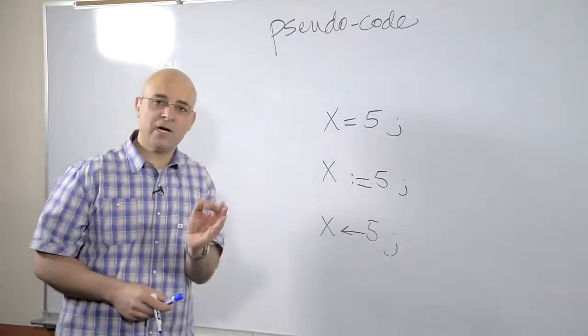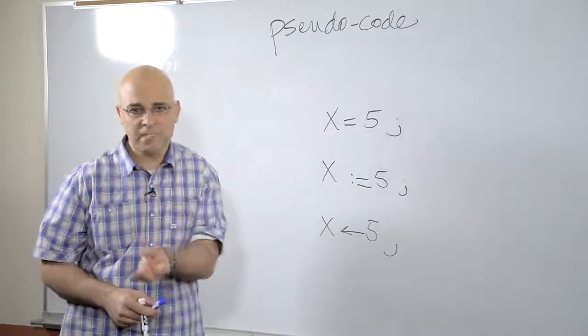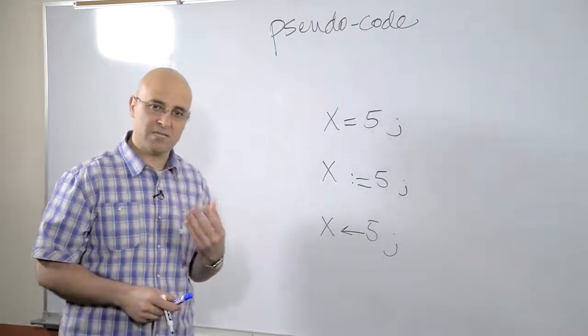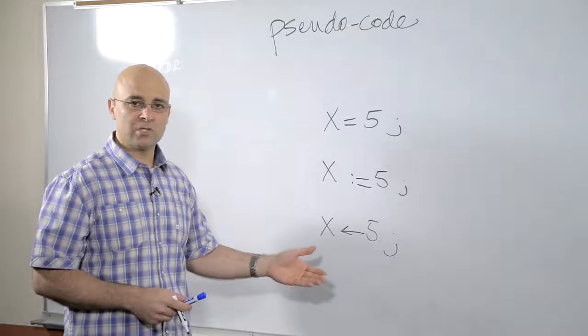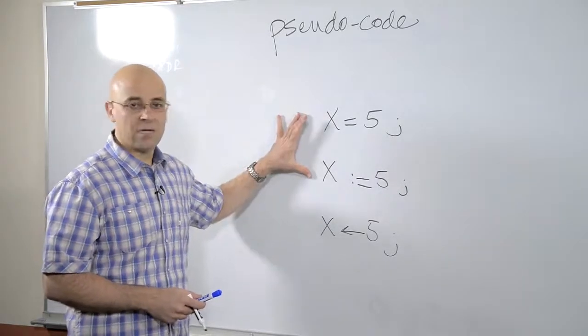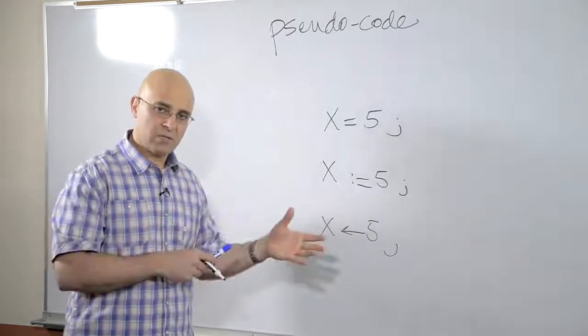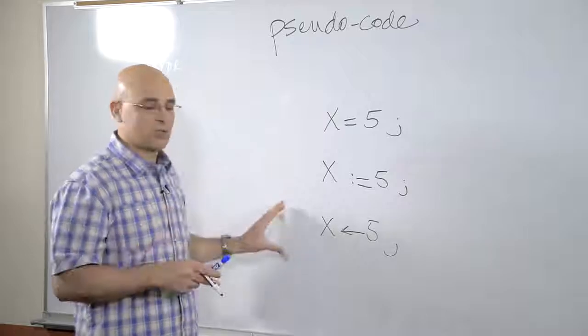Of course, if you're using Python, you have to use one specific symbol for assignment. If you're using C++, you have to use one specific symbol for assignment. In pseudocode, it's not that this is right and these are wrong, or this is right and these are wrong. No, you will see all these ones in different textbooks. Okay? Now, every textbook tries to be consistent.